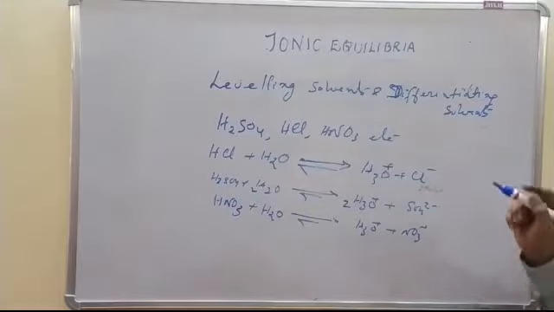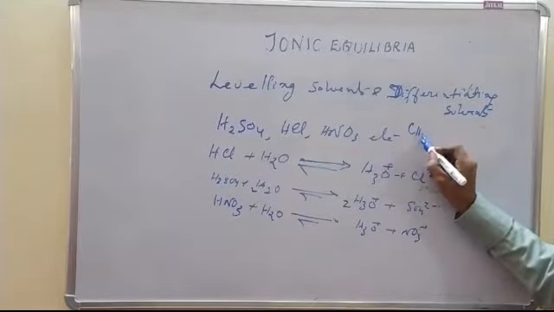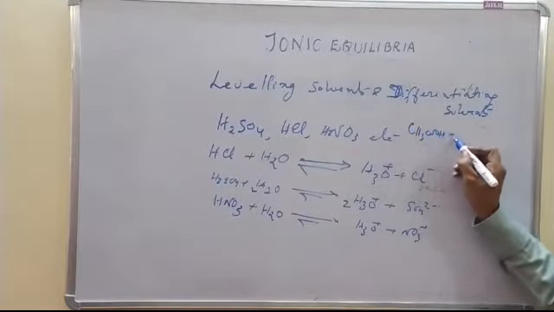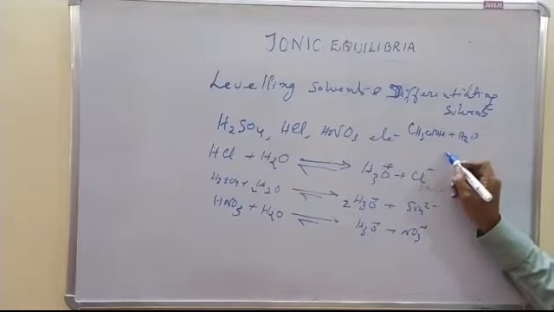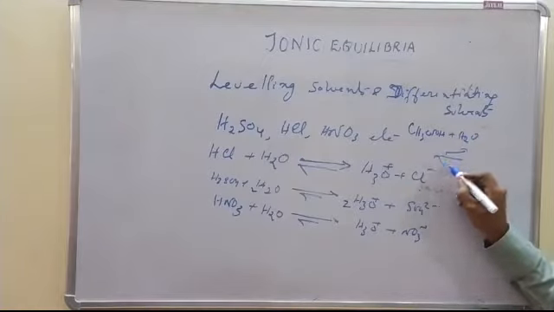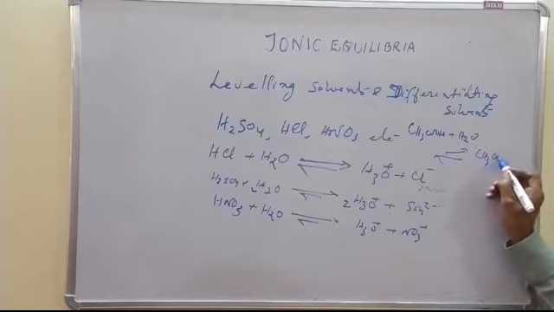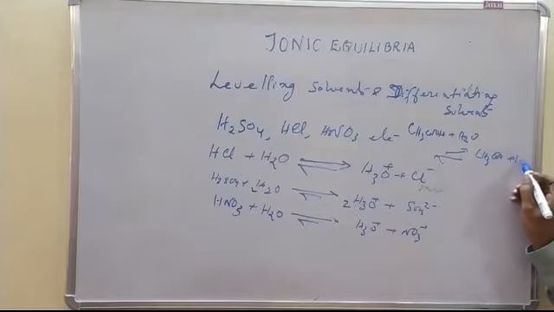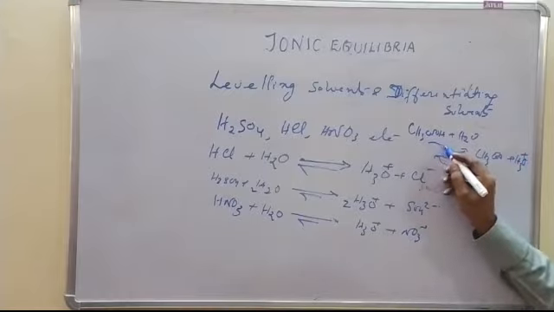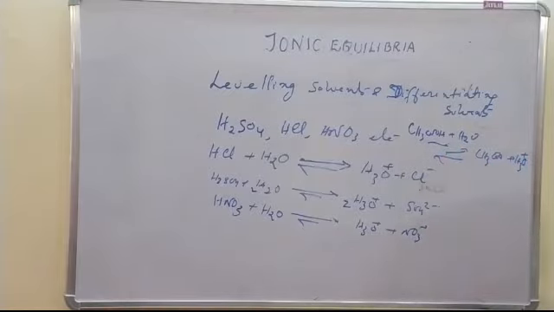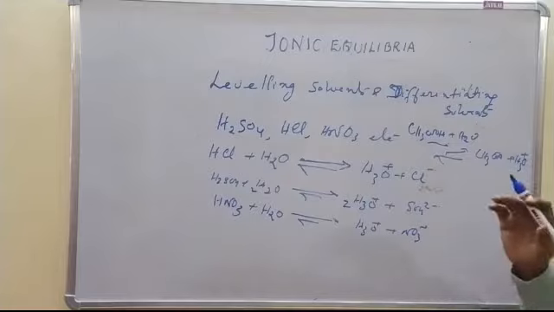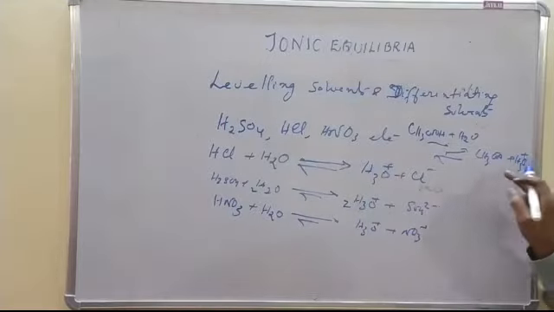But that is not the case for acetic acid. When acetic acid is dissolved in water, the reaction gives CH3COO- plus H3O+, but acetic acid is not completely ionized to the level of the hydronium ion.